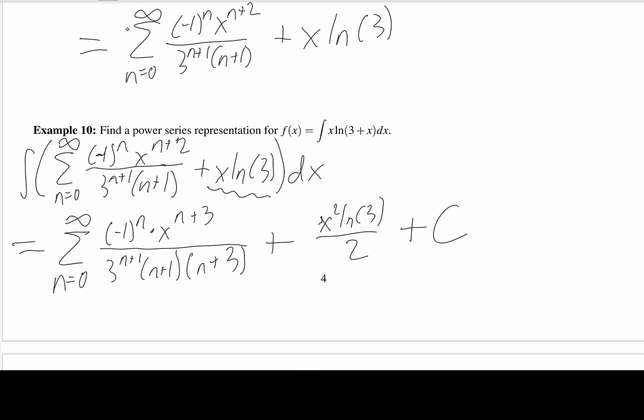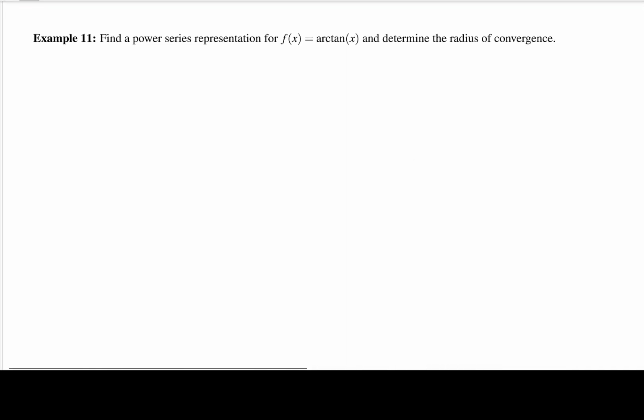Okay. Now let's move on to example 11. Example 11 asks us to find a power series representation for f of x equals arctan of x. Okay. So here's what I want to start with. We know what the derivative of this thing is, right? The derivative is not bad.